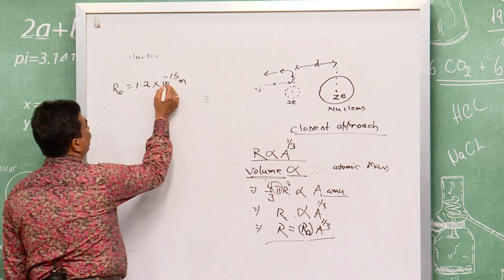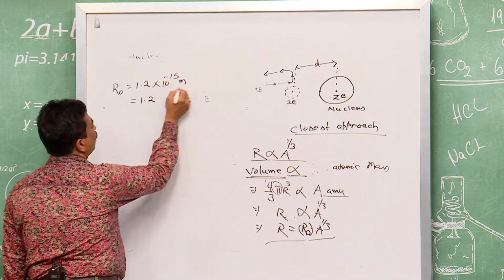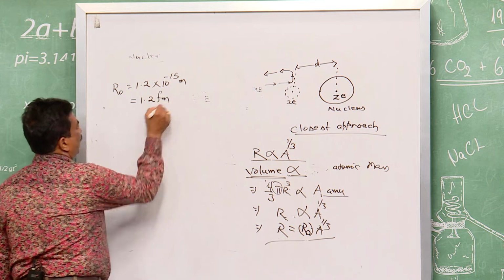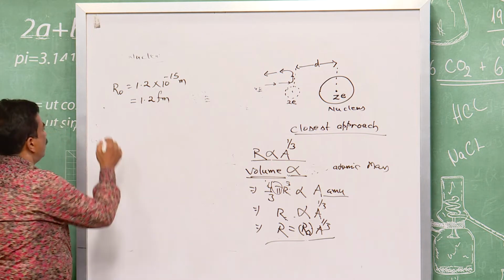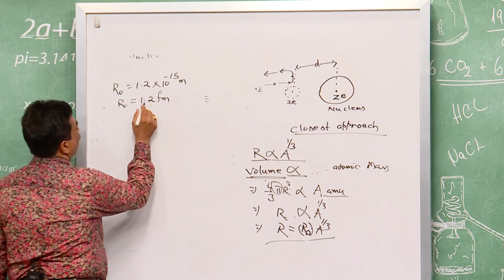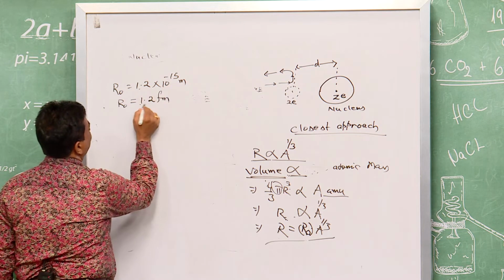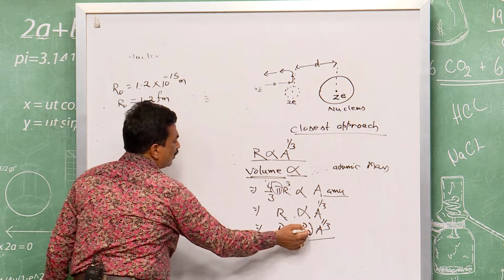And 10 to the power of minus 15 is a femto, so that is fm. So R0 is equal to 1.2 fm.